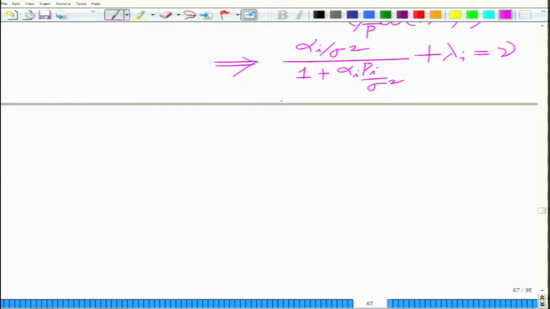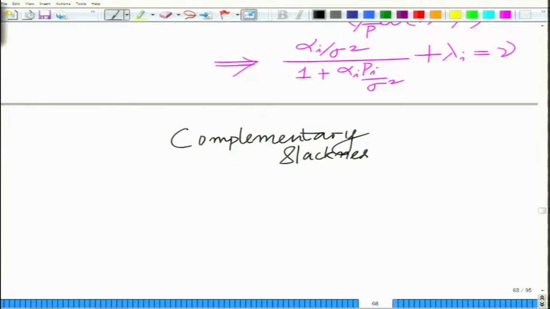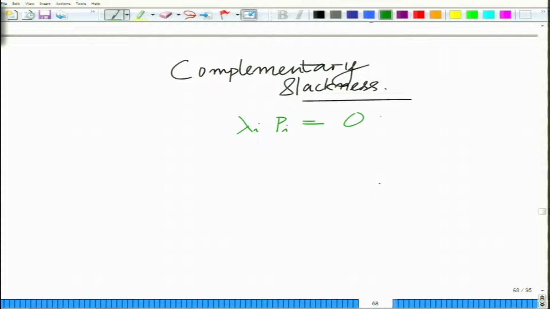Now remember the complementary slackness. Complementary slackness says lambda i Pi equals 0. That is, either the constraint is slack or the Lagrange multiplier is zero, but not both. Now this implies something very interesting. Let us consider two conditions.